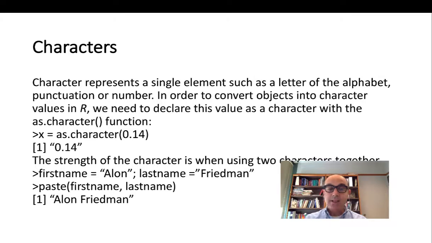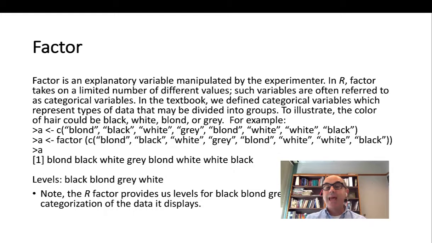So in this case, we gave it a value of 0.14, and the string is now a character. When we are using two characters together, for example, first name Alon, last name Friedman, the paste is first name and last name, and it will give me that, Alon Friedman.